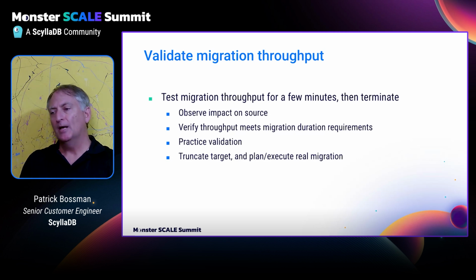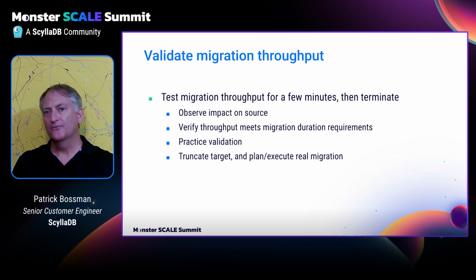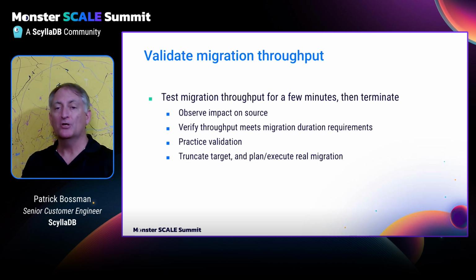And what's beautiful about that is if we just run for a little while on the proposed migration topology, whatever the instance size is and the number of instances for both the Spark Migrator as well as Scylla, we can get a good feel for how many items we're writing per minute, and then we can project out whether we're going to meet our target or not, and see if we have to make any changes to the migration.